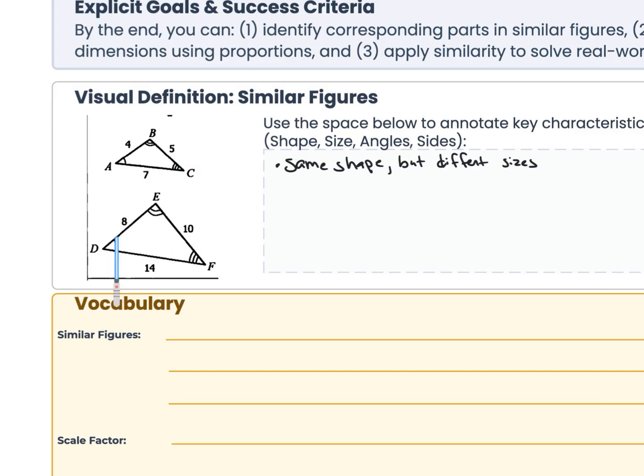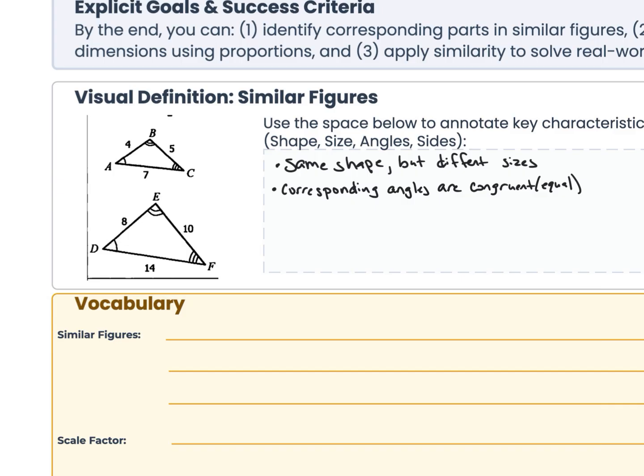So angle D is exactly the same as angle A, E is the same as B, and C is the same as F. So their corresponding angles are congruent. And when we say the word congruent, what that really means is that they are equal in measure.